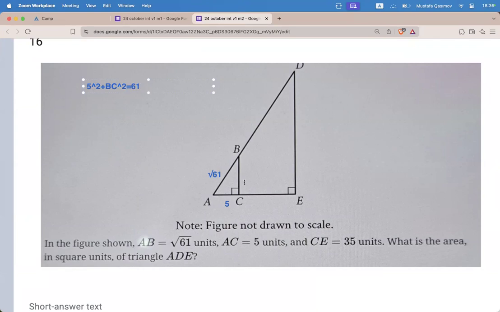From here, BC is equal to 6. And we know that C is equal to 35. Okay, think of it like that. For the base 5, it is 5 plus 35. It is 40. So it is 8 times greater, right?